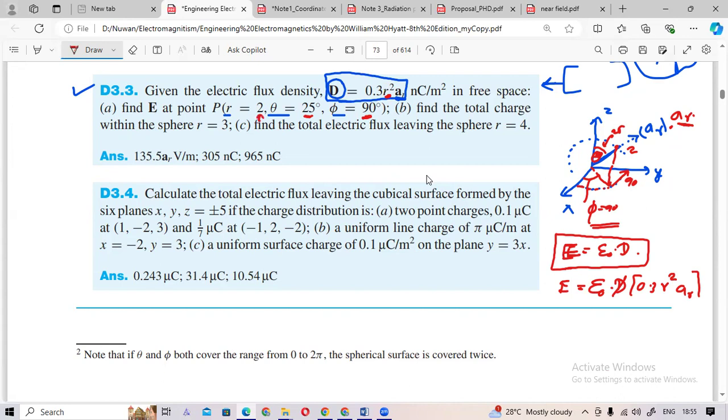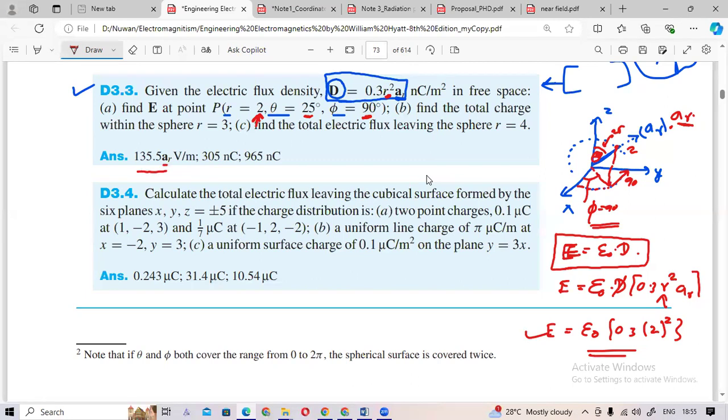So you can apply R equal to 2 here. Then you can find the E field, 0.3 times 2 squared over epsilon naught. This should be the answer.